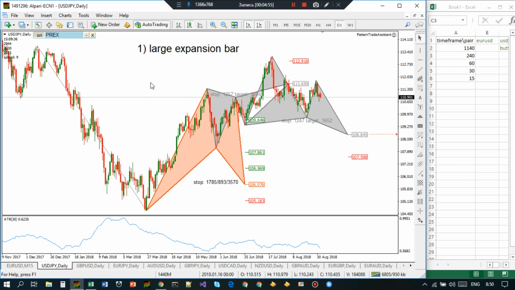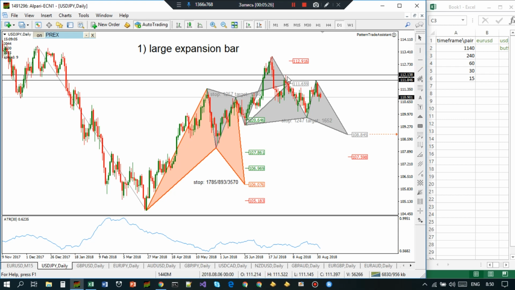Okay, it is said that to break some significant level, the bar should be very large, and it is one of the ways to find support resistance zones. For example, you look at the large expansion bar and you go to the right or to the left to find some turning point, and you mark the highest close at this turning point, and the high of that turning point.